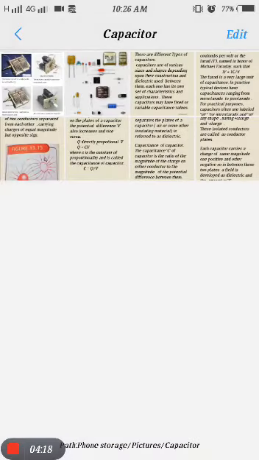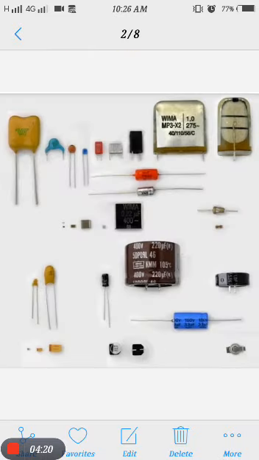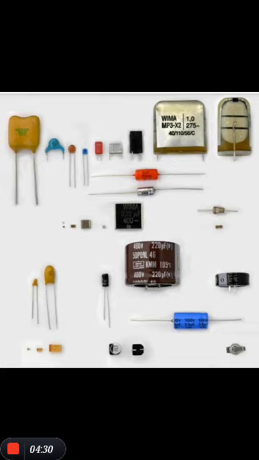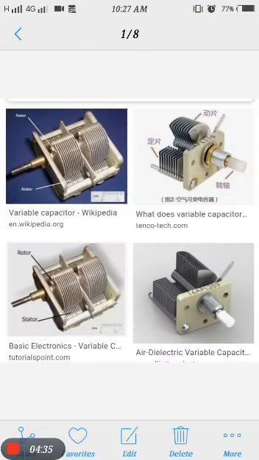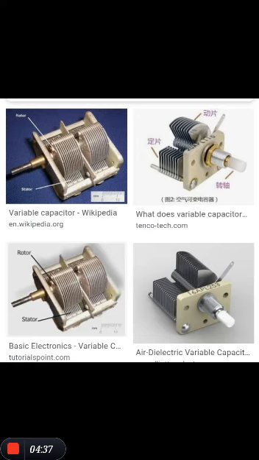So the different shapes of capacitors are shown in these slides. They are used for different purposes. These are the figures for the variable capacitors.